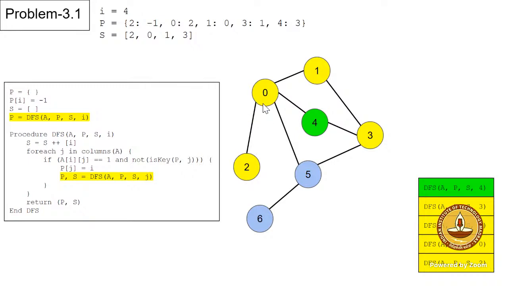For 0, the parent is 2, because we reach 0 from 2 only. From 0 we go to 1, so 1 is mapped to 0, because we reach 1 from 0 only. So 1 will be the key and 0 its value.